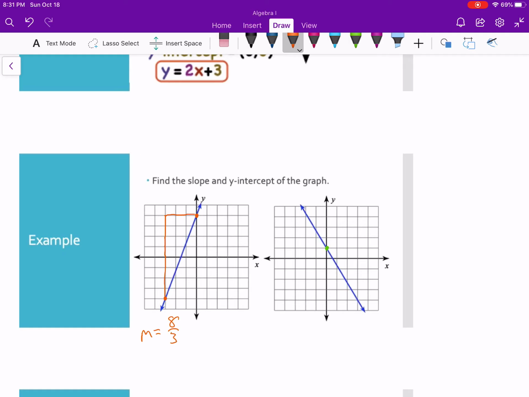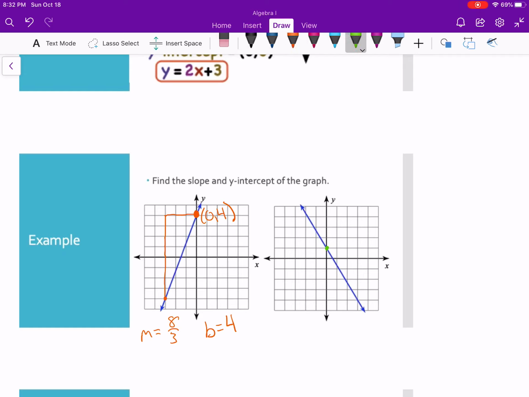Our y-intercept, we look where the blue line, or the graph of the line, crosses the y-axis, which is right here. And I see that it's at 1, 2, 3, 4, so it's at the point (0, 4). So our y-intercept is 4.